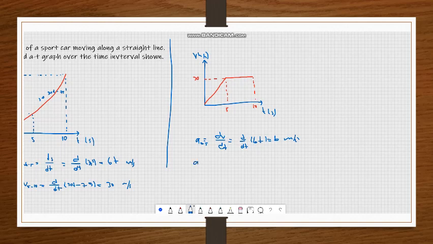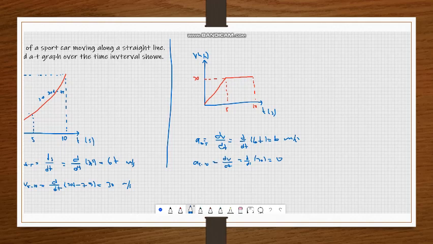But for a from 5 to 10, again dv over dt is d over dt of 30, which is 0.